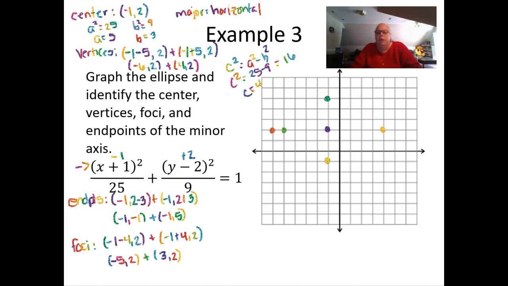One of them will go right here. And one of them will go right here. And then we'll just sketch in our graph as best we can, making this a nice little round shape here. And there's our ellipse, such as it is.